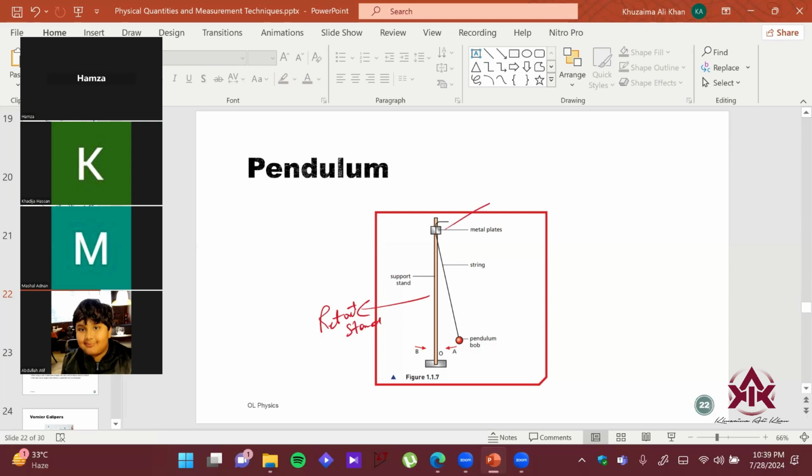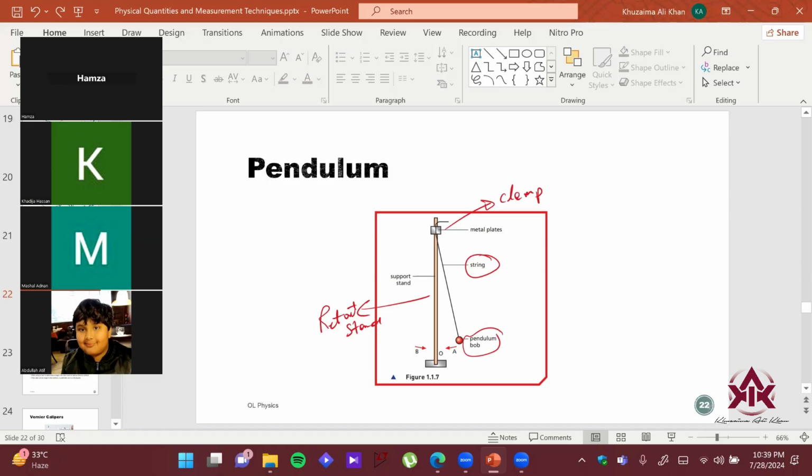You have a clamp over here, which is supporting it and keeping the thread together. You have a string over here. You have a metal pendulum bob, and it is passing between point A and point B. Can anyone tell me how we measure the time period for one oscillation of the pendulum? Give me a guess, it can be correct or wrong.